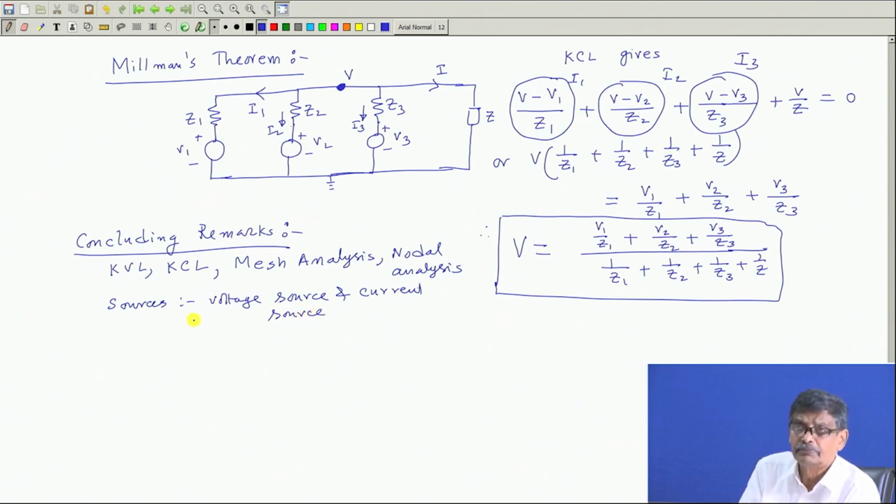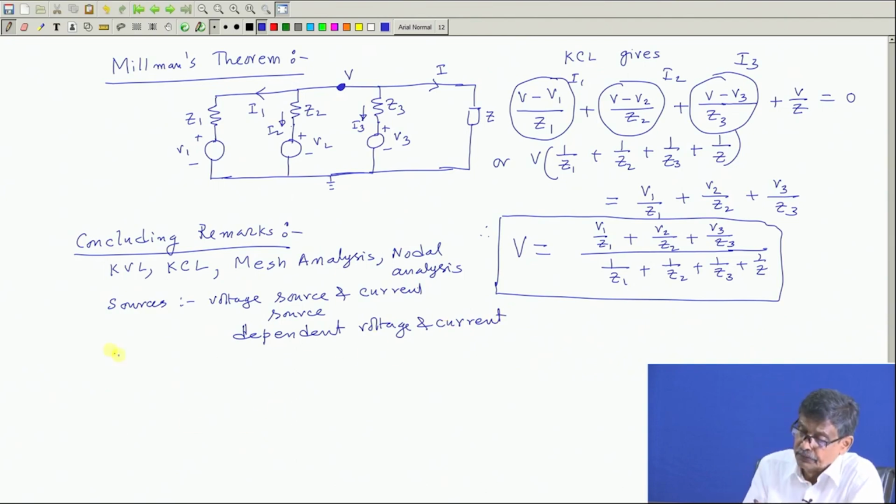In the latter half of this course, we also talked about dependent sources; these are called independent sources, and dependent voltage and current sources may also be present. This we discussed somewhat at the latter end of this course. Then we know how to write down KVL, KCL in the time domain. So, solution of differential equation. I spent quite some time on solution of differential equations.